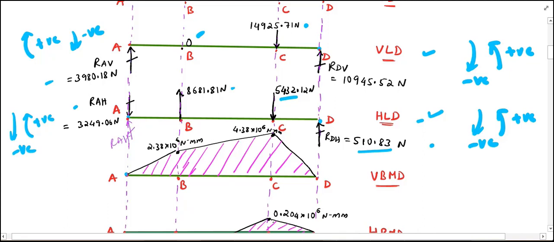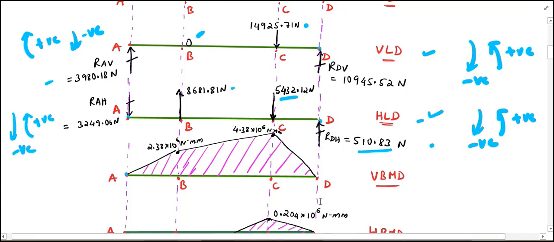So RAH into 1500 plus 8681.81 into 900 minus 5432.12 into 400. Upon solving, I'll get the RAH value as minus 3760.50 newtons. Since it is a negative value, I will shift that force to the upward direction, so the direction of RAH will be changed here.